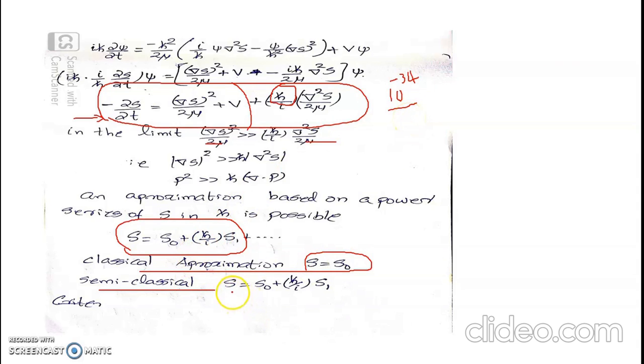So we will be contented with the form of the quantum mechanical action being S0 plus (ħ/i)S1, and hence this approximation method is one step ahead of the classical approximation and is known as the semi-classical approximation.